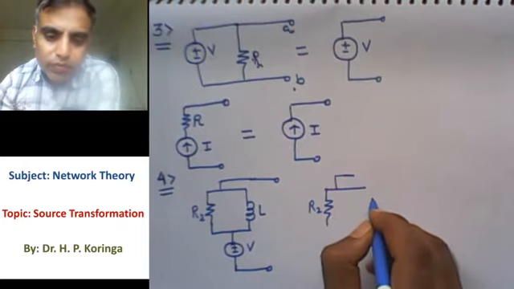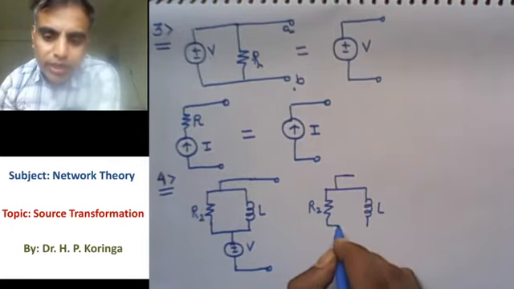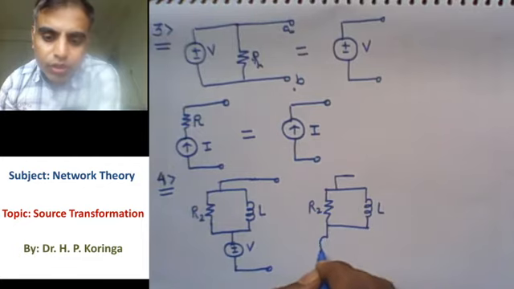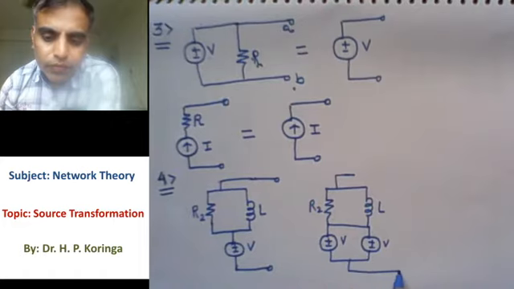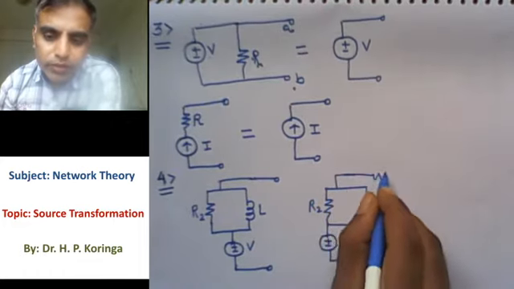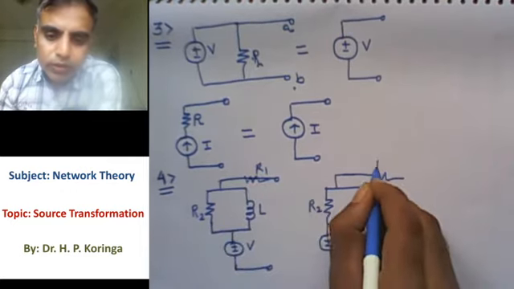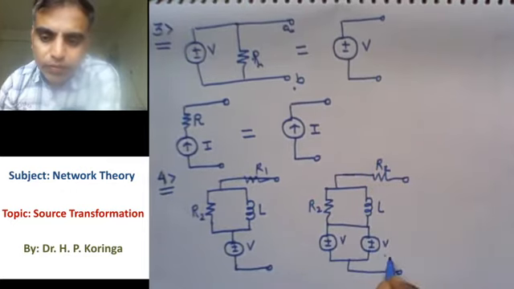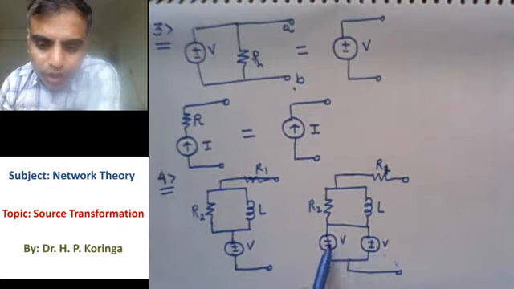Let's say here we have R2 and L, so we can replace a single voltage source with two voltage sources in parallel, right?